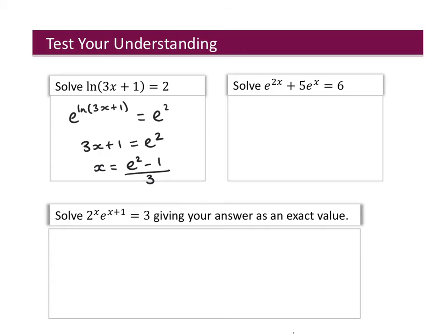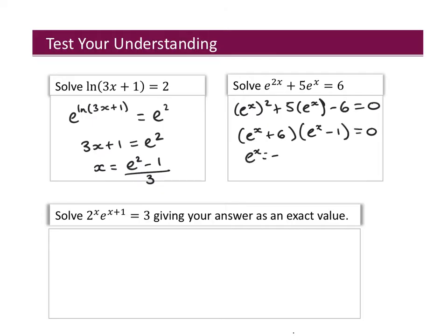Okay? For part B, again, we have a hidden quadratic. e to the x squared plus 5 e to the x minus 6 equals 0. Two numbers that multiply to give me minus 6 but add to give me 5, 6 and 1. So e to the x plus 6, e to the x minus 1 equals 0. I'm going to get e to the x equals minus 6, reject, please make sure you write that.